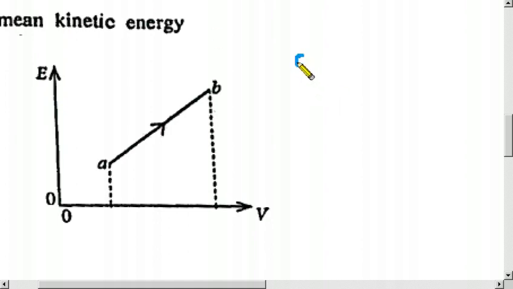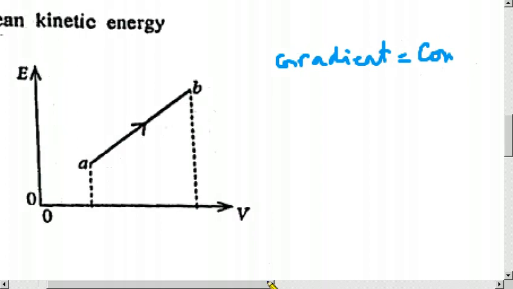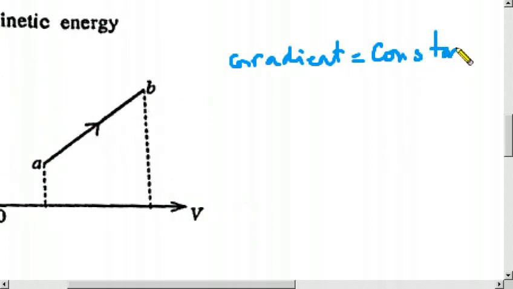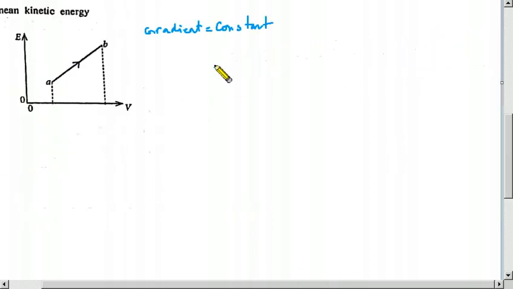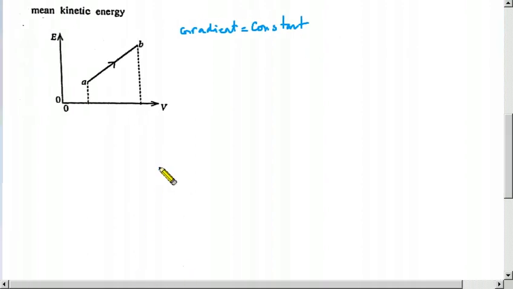What we write: gradient is equal to a constant. So how to find the gradient? Y divided by x. This is y, this one is x. So the y axis divided by x is the gradient, so it is constant, because the gradient is this angle.